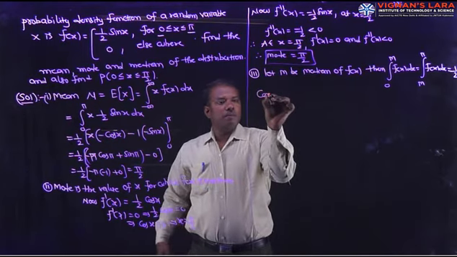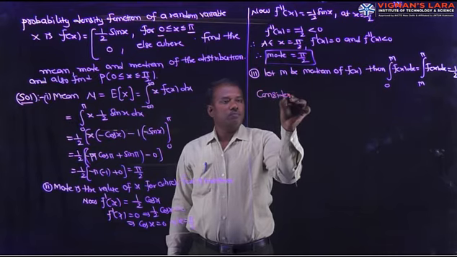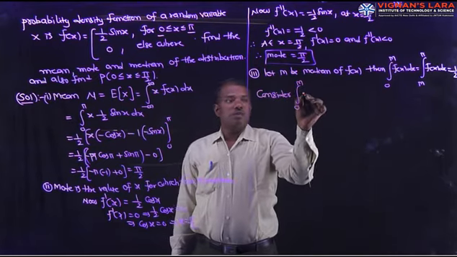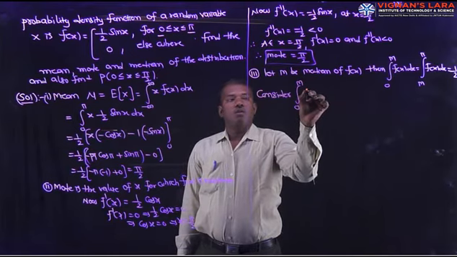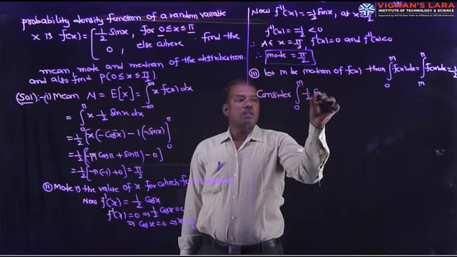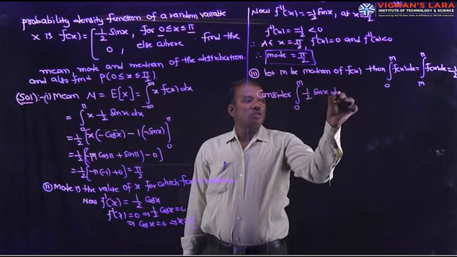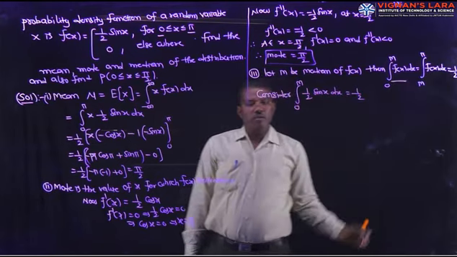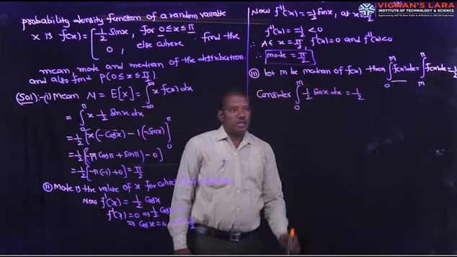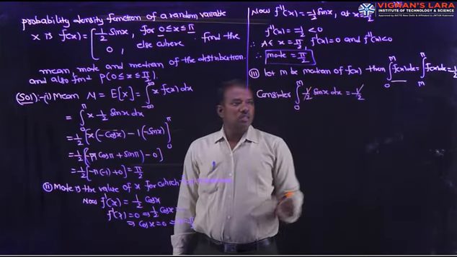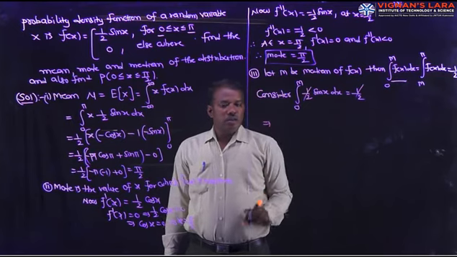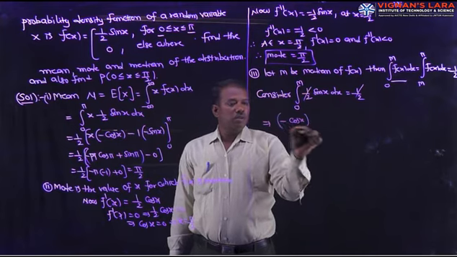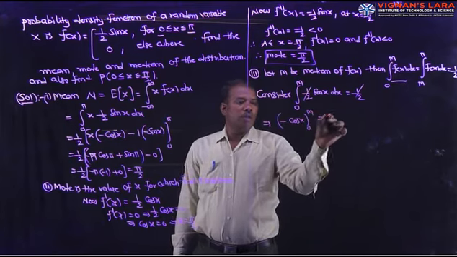Consider 0 to M of f of x. What is f of x? 1 by 2 into sin x, dx, equal to 1 by 2. Both sides, 1 by 2 cancels. Integration of sin x is minus cos x between 0 and M, equal to 1.